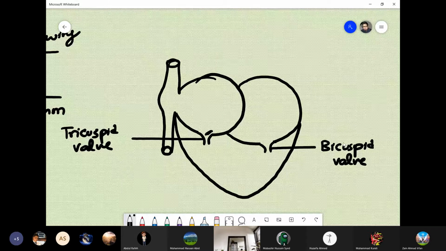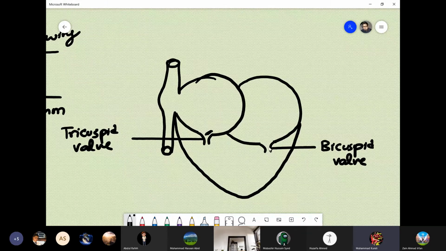When the ventricles contract, these flaps close the valves, and when the valves shut, the blood will not flow back to the atria. All right, boys. Yes, sir.